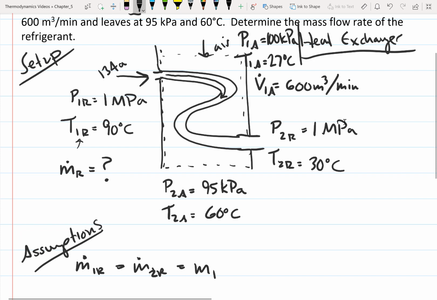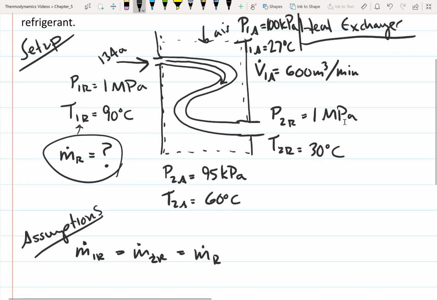So this is just equal to the mass flow rate of the refrigerant, which is what we're looking for. And we can make the same assumption with the air. If we assume this is steady flow, the mass flow rate of the air in is equal to the mass flow rate of the air out. So we just have the mass flow rate of the air.